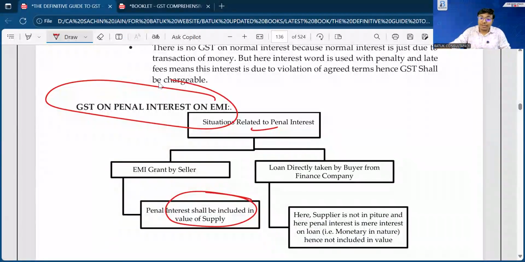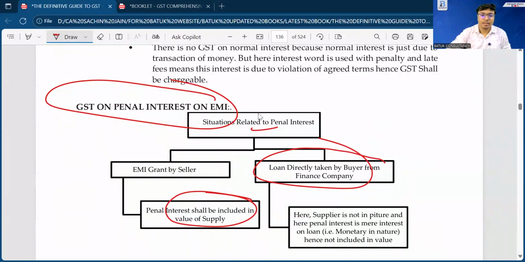Situation related to penal interest, loan directly taken by buyer from finance company, here the supplier is not in the picture, and penal interest is mere interest on loan, so monetary in nature, hence not included in value. Yes, sir. Regarding Bajaj, no GST. Regarding Abhishek Enterprises, GST.